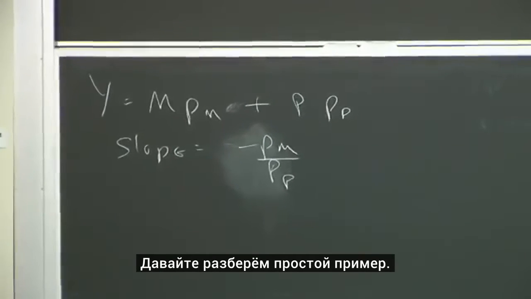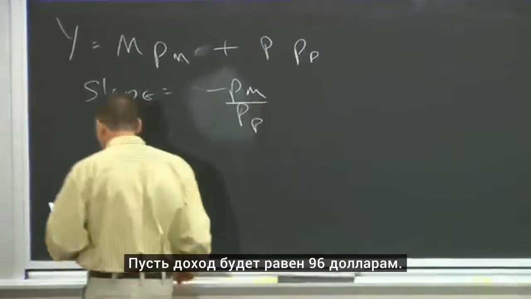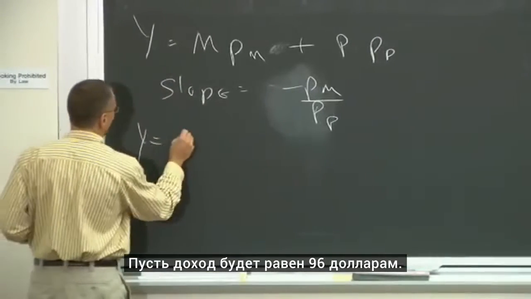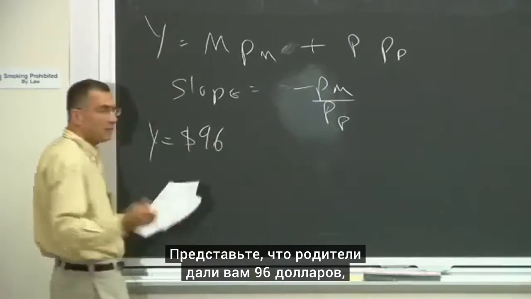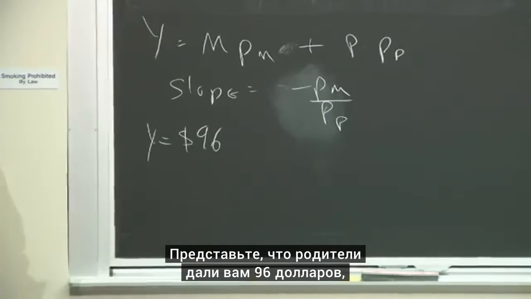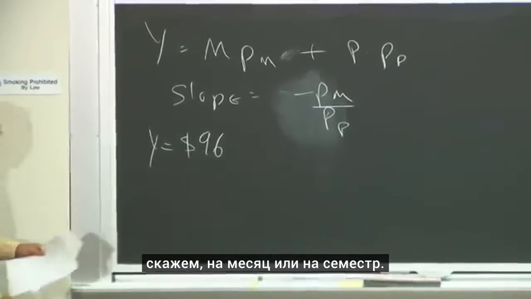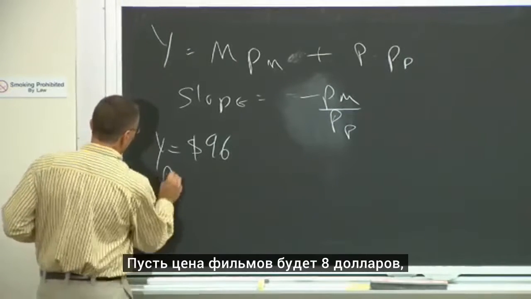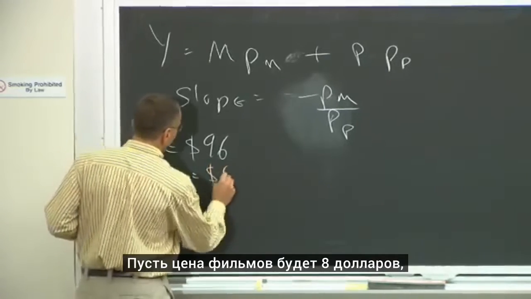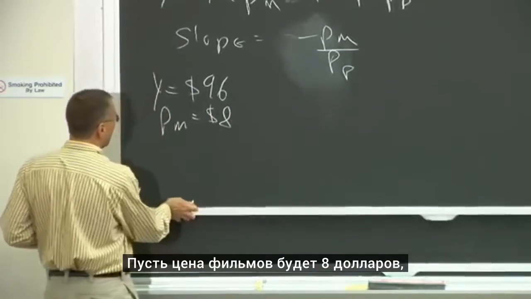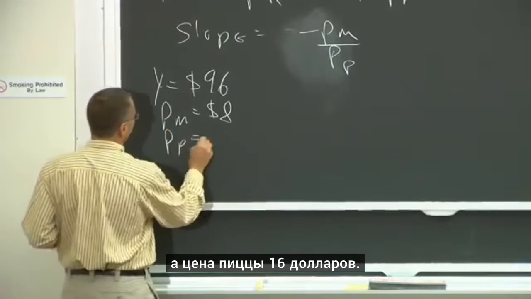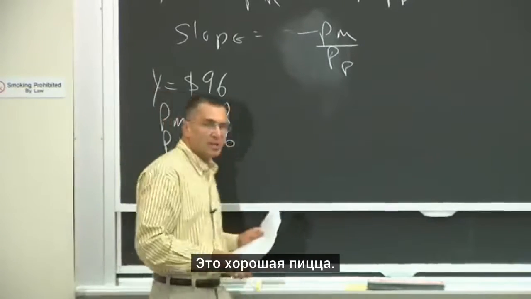So let's just do a simple example. Imagine that income equals $96. Imagine your parents give you $96, say a month or semester. Imagine that the price of movies is $8. And imagine the price of a pizza is $16. Okay, it's a good pizza.